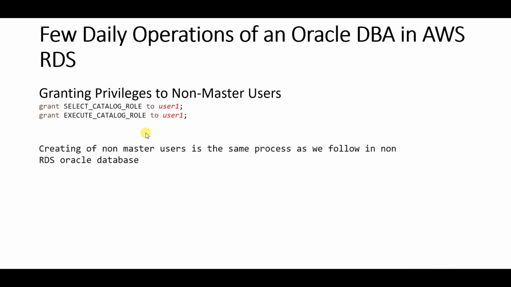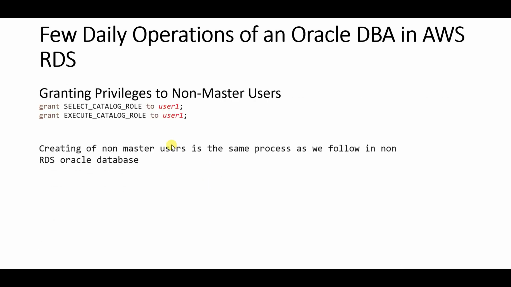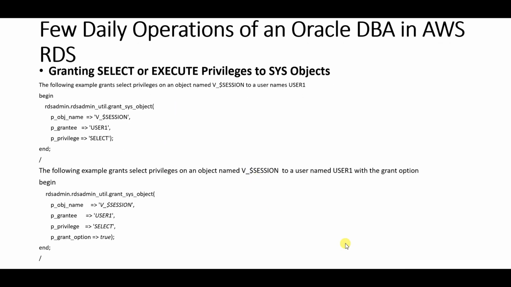And the granting privileges to non-master users, you can grant with this. Creating of non-master users is the same process as in non-RDS Oracle. So let me create one user first.